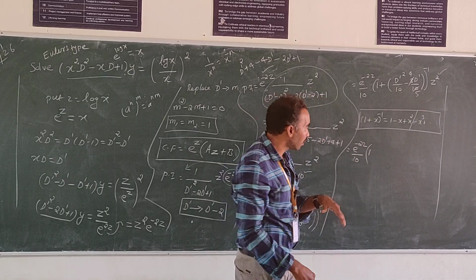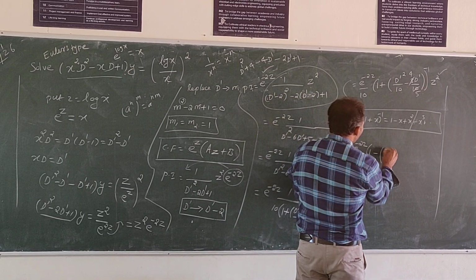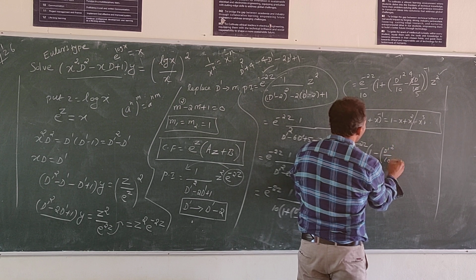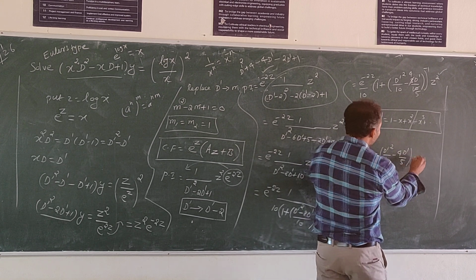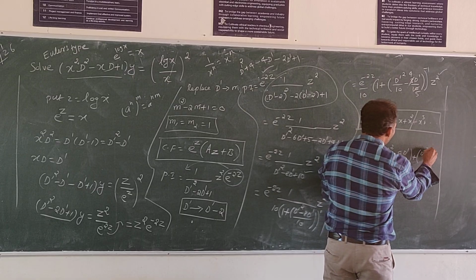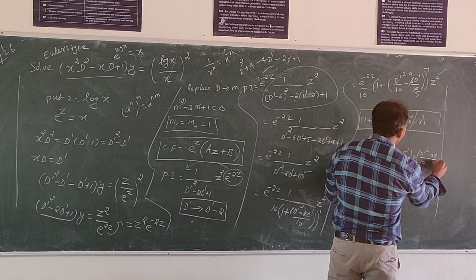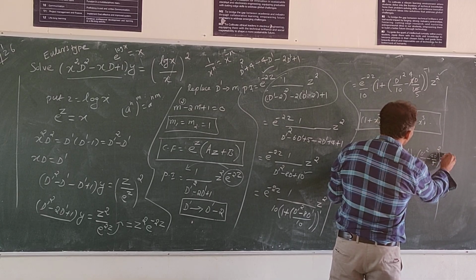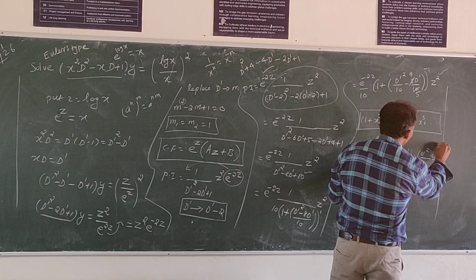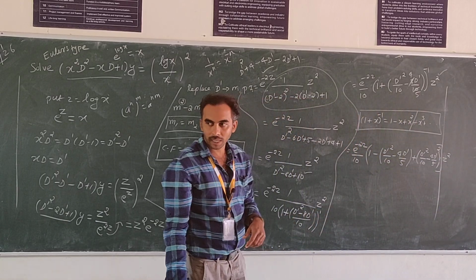Next, 1 minus bracket d dash square divided by 10 minus 4d dash by 5, plus d dash square divided by 10 minus 4d dash by 5 the whole square, into z square. Is it common? Into z square is a common term.